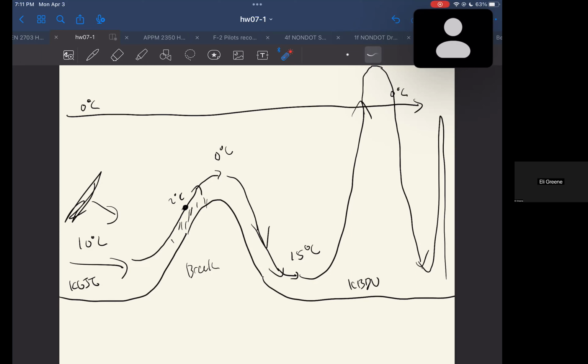Standing lenticulars represent where those tops are, and they look like stacked clouds, like they're stacked on top of each other. You can put it up if you want. Yeah, that would help.